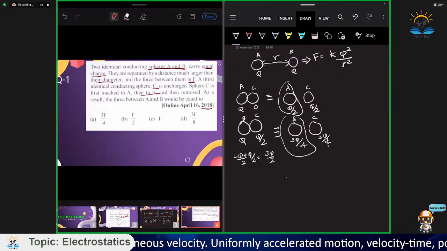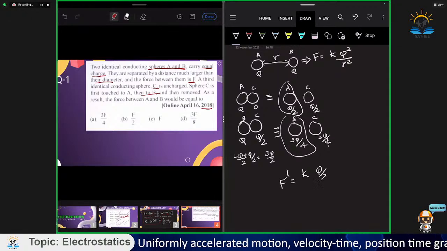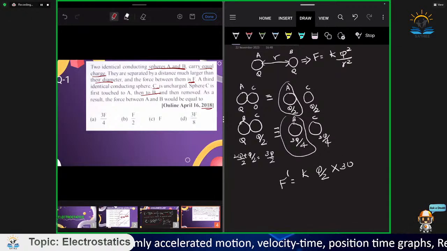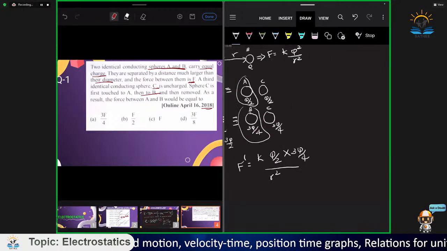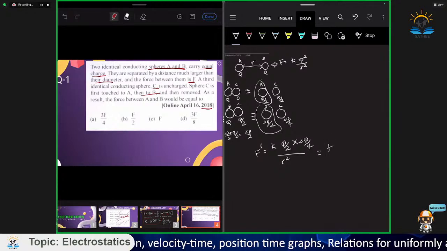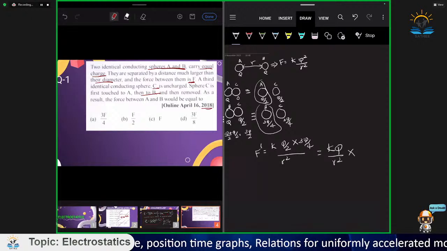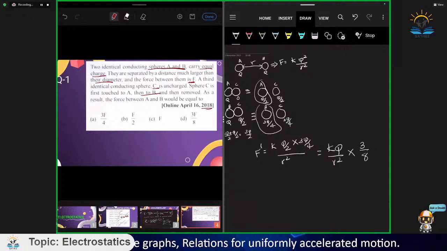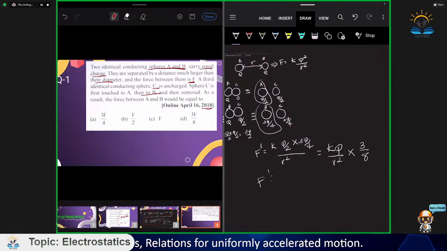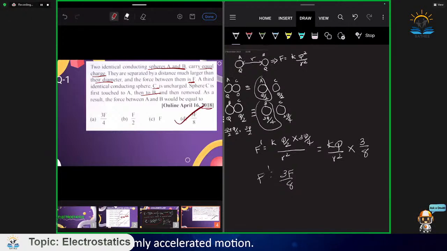So the force will become F dash equal to K into Q by 2 into 3Q by 4. The distance remains the same, so KQ square by R square into 3 by 8. So F dash equals 3F by 8. Option D will be the correct answer. Simple question.